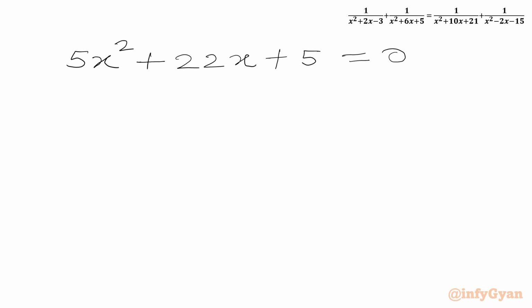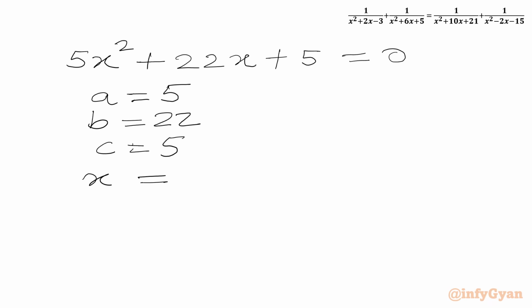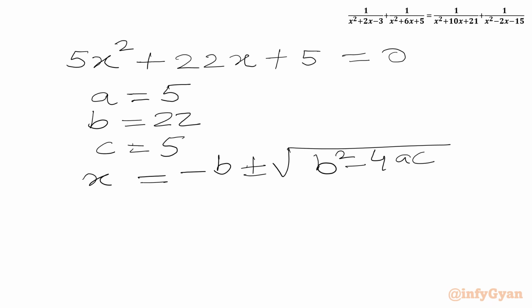We can use the quadratic formula. So if I write the values of a, b and c, a is 5, b is 22, c is 5. We'll write the formula once. x equal to minus b plus minus square root of b square minus 4ac over 2 times a. Here we have the values of a, b and c.